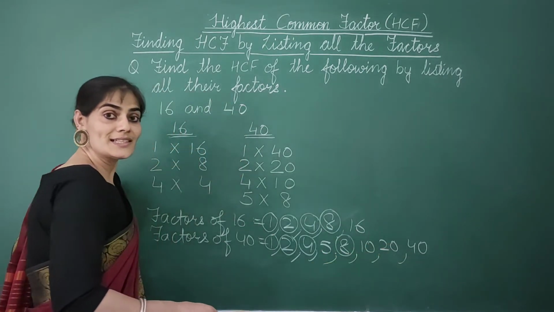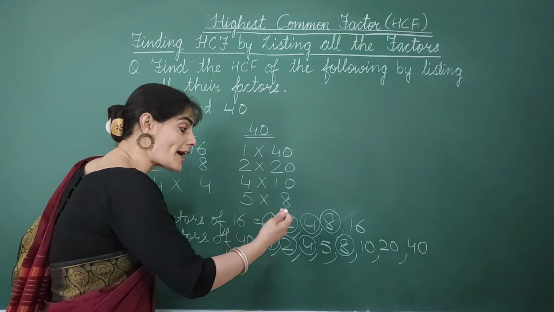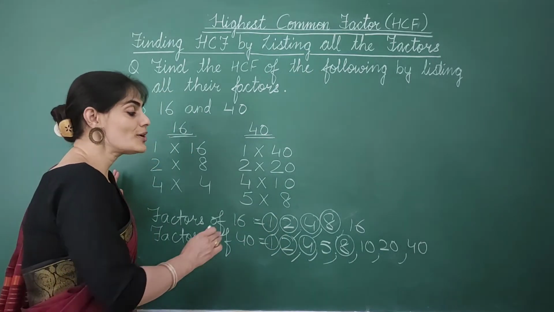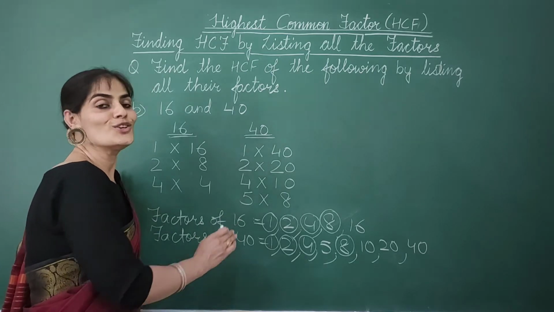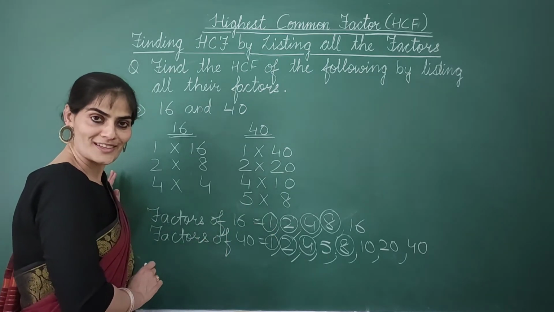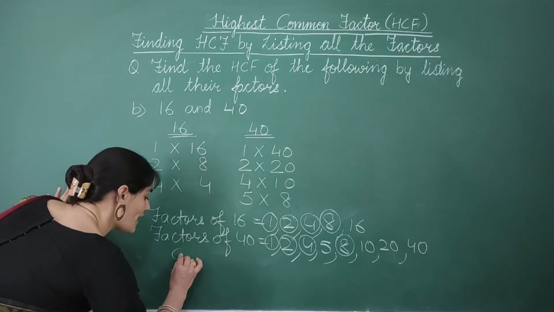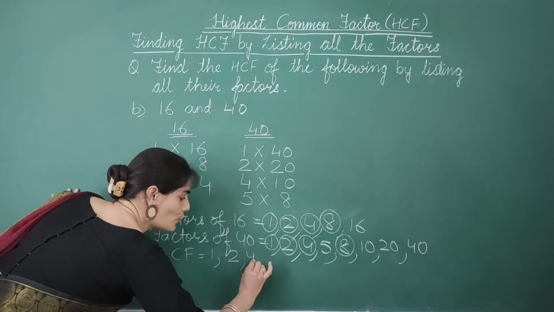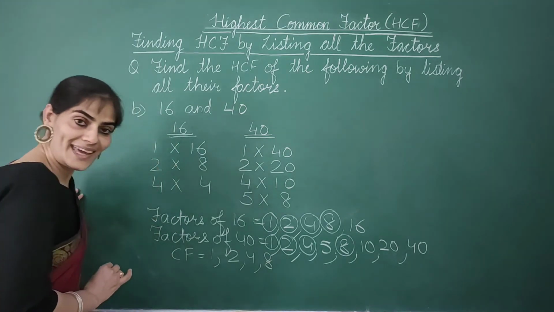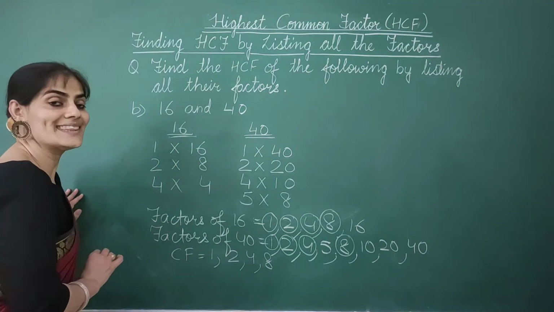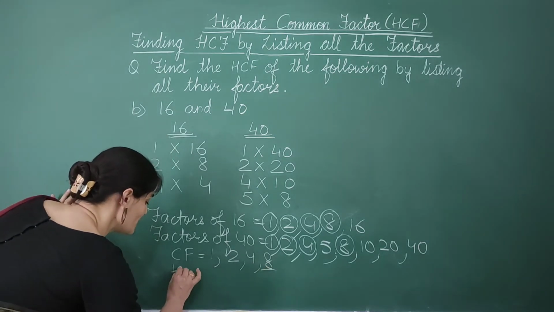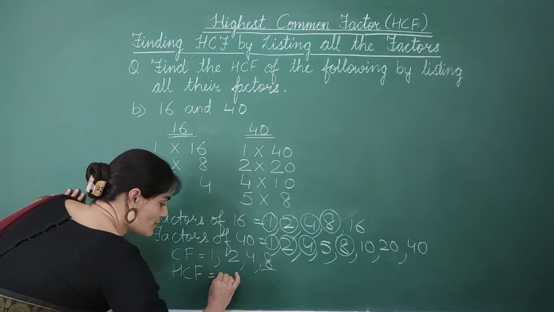No. As these factors are arranged in ascending order, it becomes easier for us to find the common factors. So the common factors of these two numbers are 1, 2, 4 and 8. And now we select the highest common factor. The highest common factor will be 8, everybody.